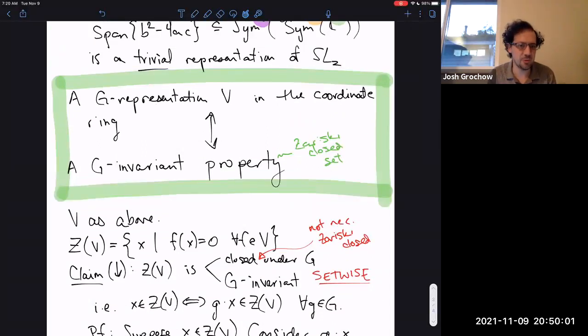It doesn't have to be irreducible. And in general, for this correspondence, the way I phrased it here, this won't be irreducible. It could consist of many irreducible components.